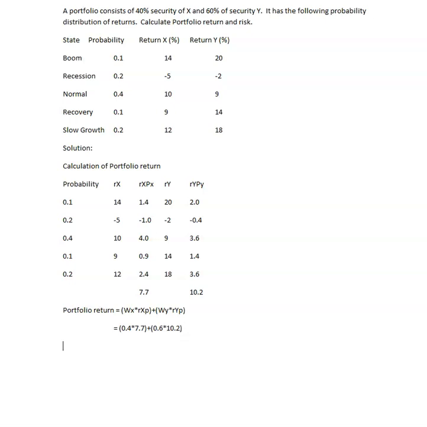So when we multiply this, 0.4 into 7.7, we get 3.08. When we add this with 0.6 into 10.2, it will be 6.12. So the total comes to 9.2%. This is our return.